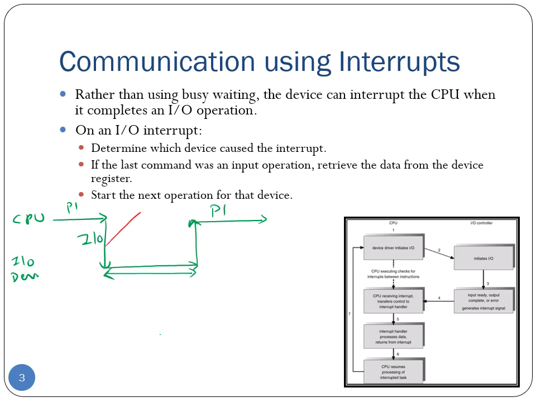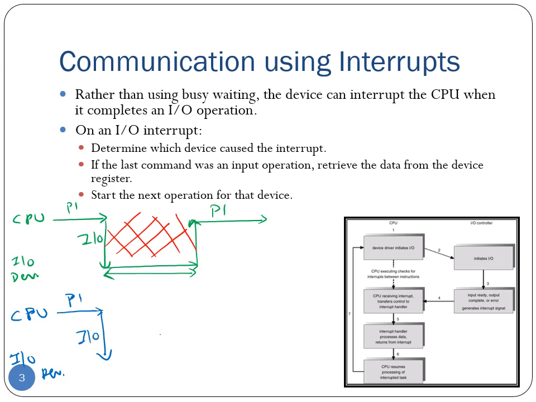So how can we better utilize this wasted time over here? A better and more efficient way of performing this IO operation would perhaps be something like this. Let's say this is our CPU, it is executing process P1, and here is our IO device. Let's say at this point the process makes an IO request.